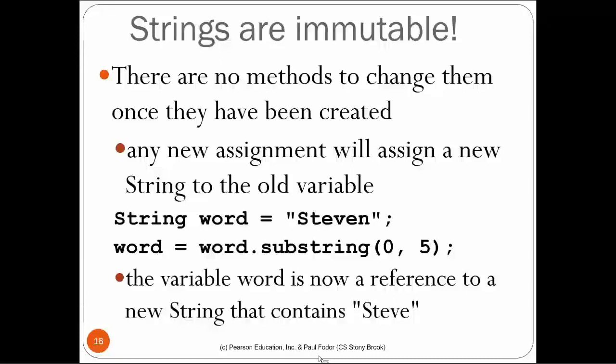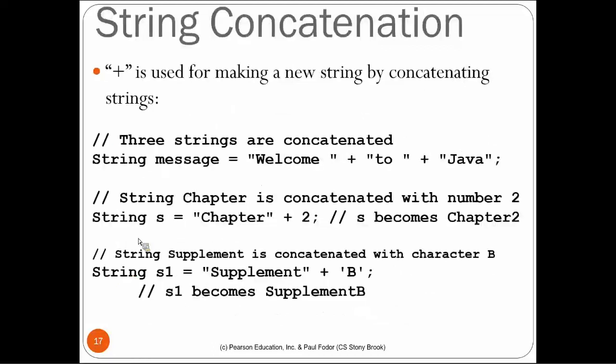So every single method that we are using, like substring, actually returns a new string. Even if we assign the new string to the same variable, it will create a new string and the variable will be reassigned a new address, the address of the new string. So every new assignment will result in a new string, and the old variable holds a reference to that new string.